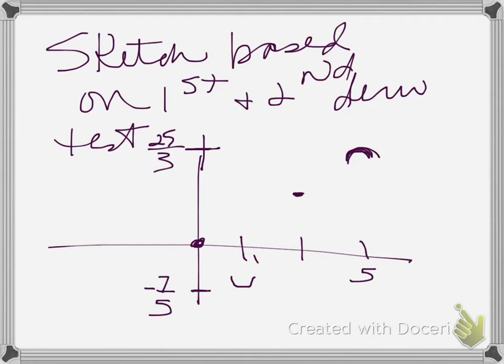I think our function is going to look something like this. Here's my minimum, here's my inflection point, here's my maximum. I'm looking at this and I'm saying that this minimum and this maximum appear to be relative extrema because of the nature of the function.